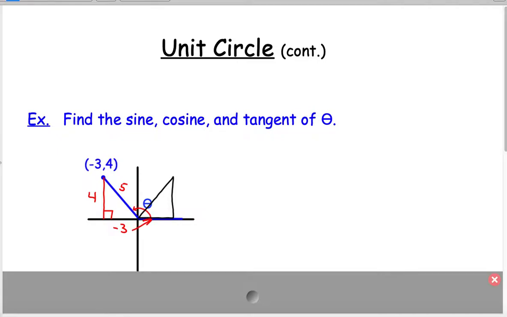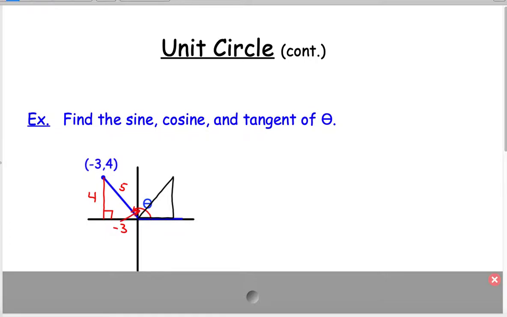talking about. Theta went from the positive x-axis to this blue segment here. So what's left over here will be 180 minus whatever theta is. Well, that's the same angle as right here. And the sine, cosine, and tangent of this angle are going to be very closely related to the sine, cosine, and tangent of this bigger angle here, which takes us into the second quadrant.